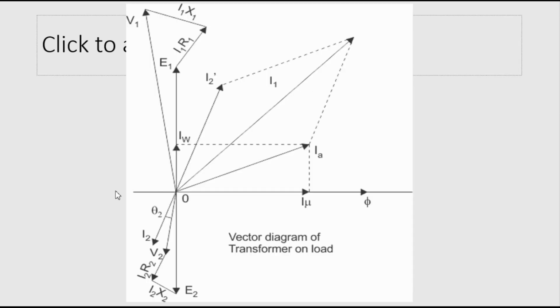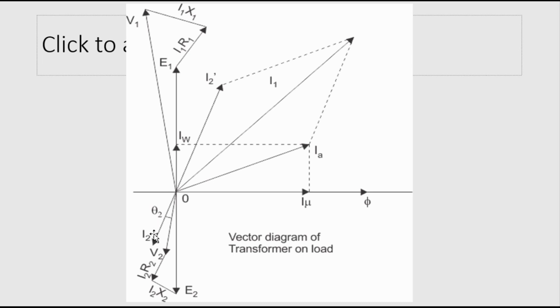Now based on this, we can draw this particular phasor diagram. First the flux will come in this direction, then along the direction of flux there will be a magnetizing component of current, and a core loss component of current, and based on this we get IA. Before, we considered I naught; IA and I naught are the same thing, the no load component of current.